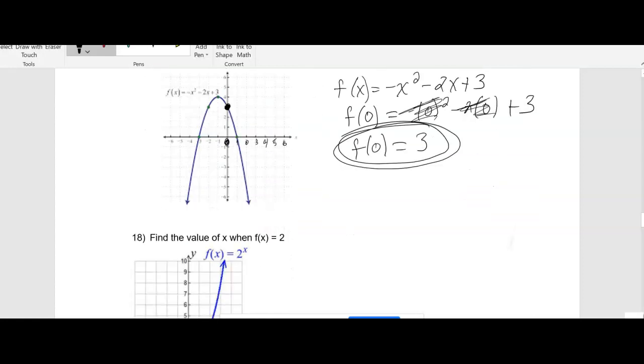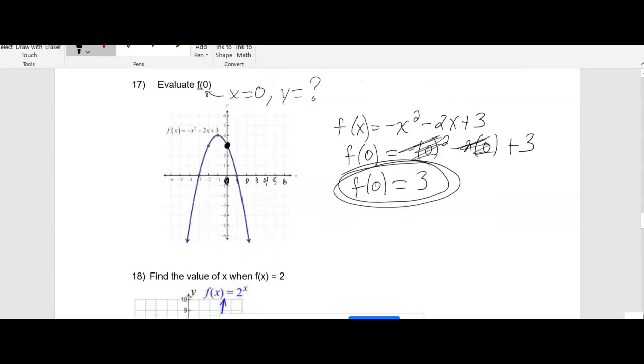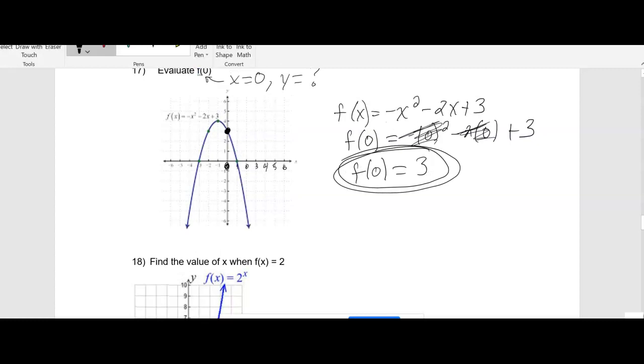So if you go to 18, I mean, this is super easy to plug in. Well, let me do this first. So for number 17, tell me what this would be. Tell me what f of negative 2 would equal. And just use your graph. So just try to look at the graph and say, when x is a negative 2, what y value do you get?